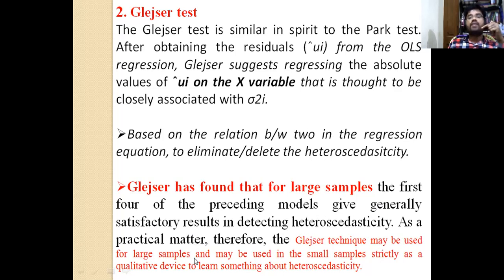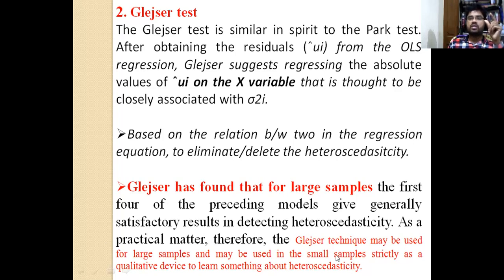When we are going to use the Glejser test to check whether a particular model suffers from heteroscedasticity, we need a large sample. Remember, when we have a small sample size, we don't want to use the Glejser test. When we have a large sample, we can use it.